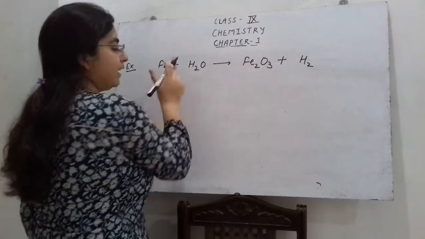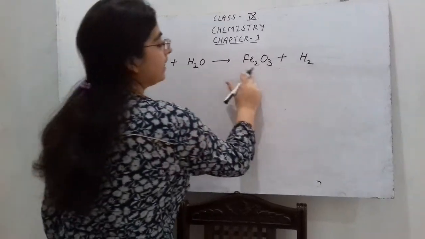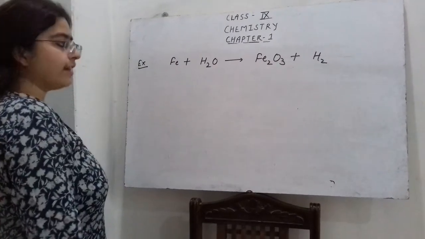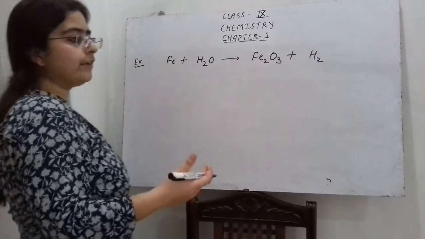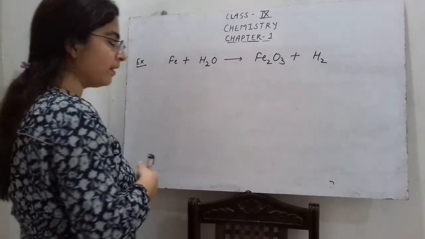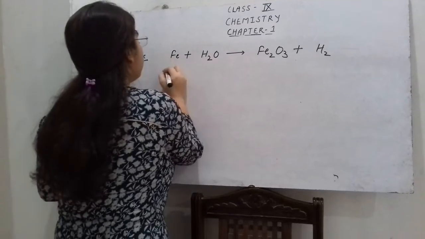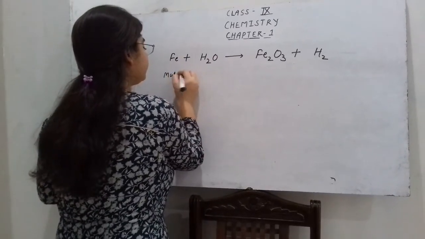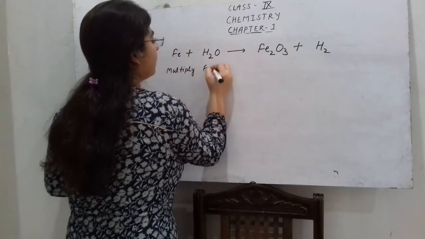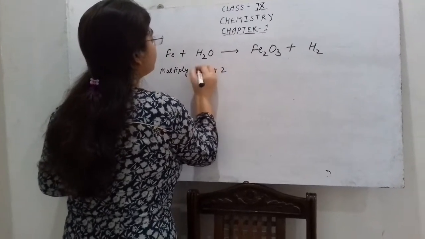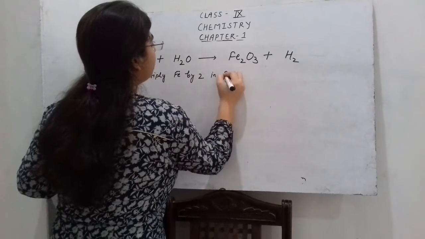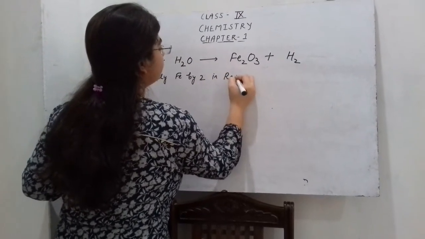In the reactant side 1 atom of iron is there, and in the product side 2 atoms of iron are there. So as I have told you, the side where the number of atoms are less, that side we multiply. So we will multiply Fe by 2 in the reactant side.